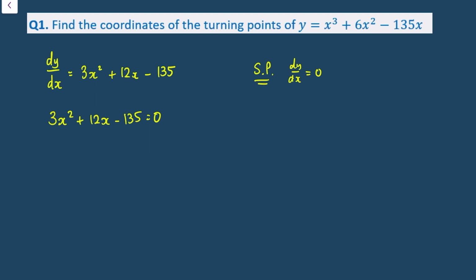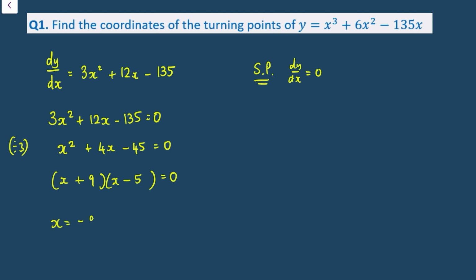I'm going to divide by 3 throughout this equation, and I will get x squared plus 4x subtract 45 equals 0. And then we factorize, and we will get x plus 9, x subtract 5 equal to 0, which gives me x equal to negative 9 or x equal to 5.